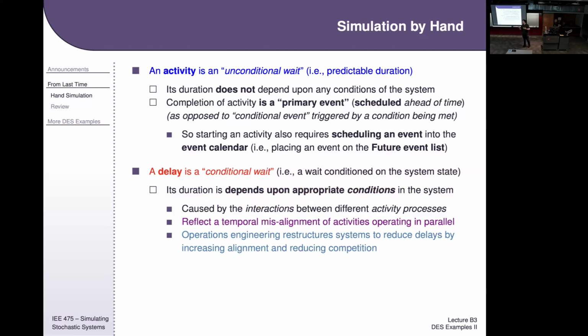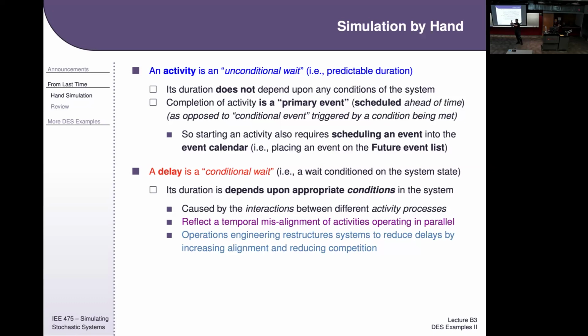And the reason I bring up primary events is that there are other events in your system that are potentially generated when the system state changes and triggers logic that is not triggered by an activity. With an activity, you say, I know that something needs to happen then, so I've scheduled it.